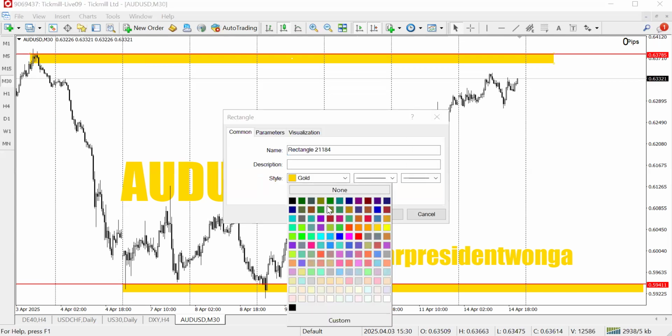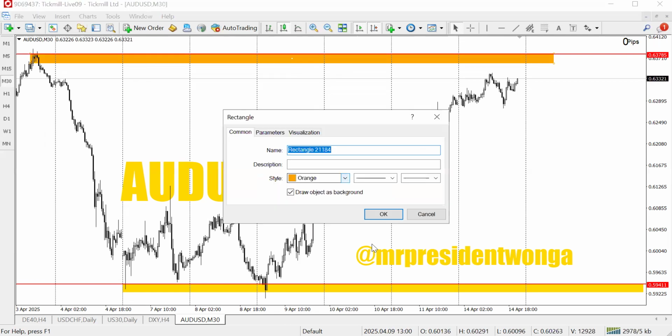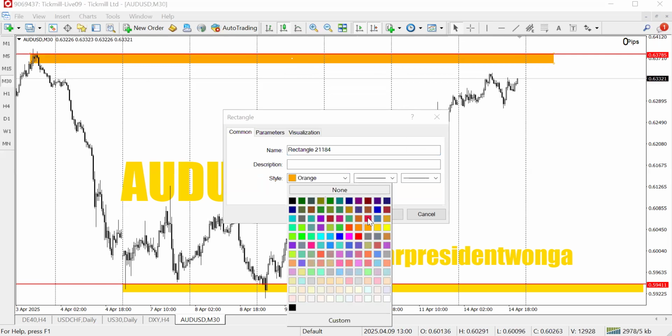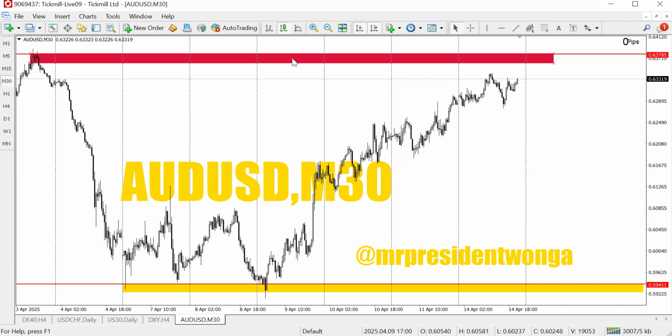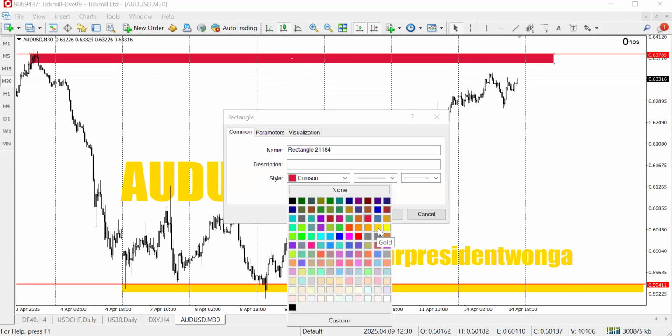For example, you can pick orange, or red. It's just that I like gold. I think somebody was asking me, do I have special indicators? No, it's just this. And then I mark those zones.